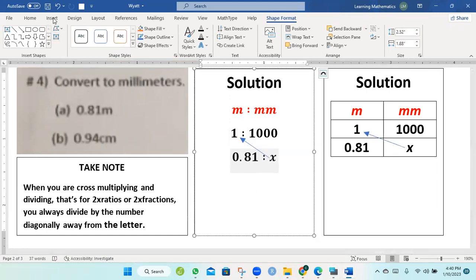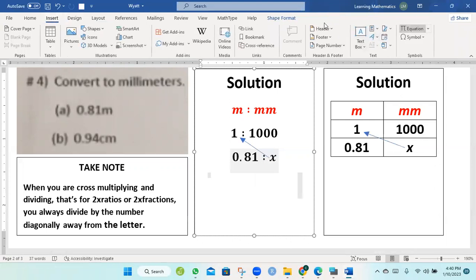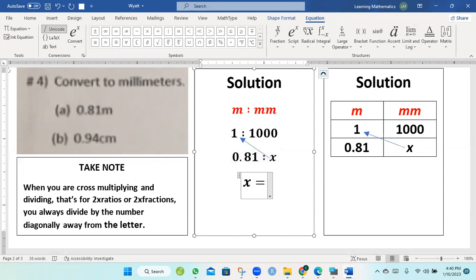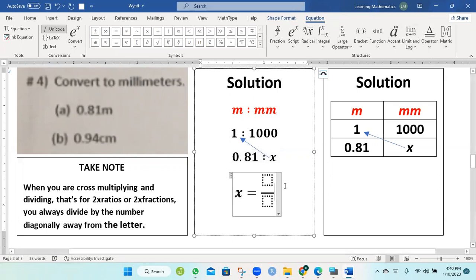So we have X is equal to, and you have to have a fraction, because when we say divide by, divide by can be represented as a fraction.